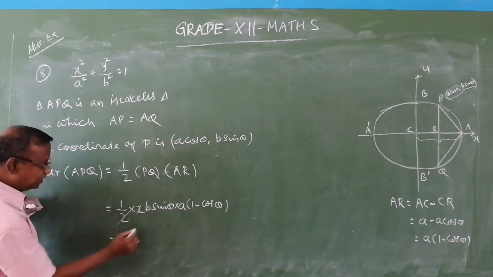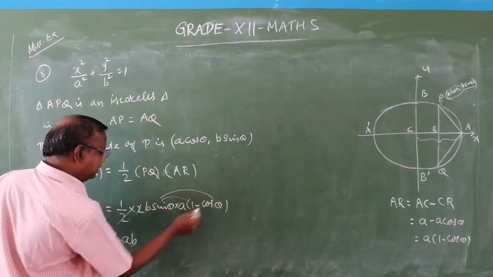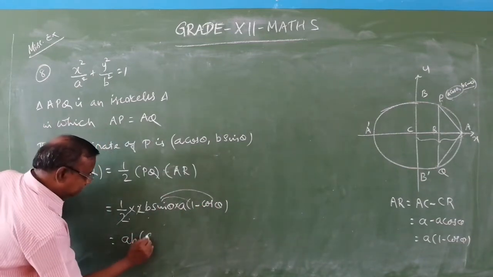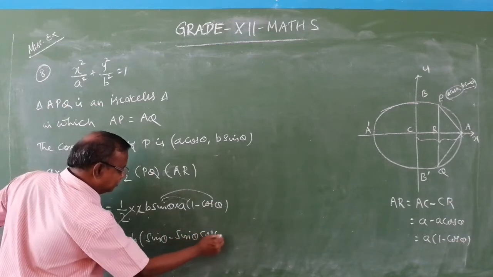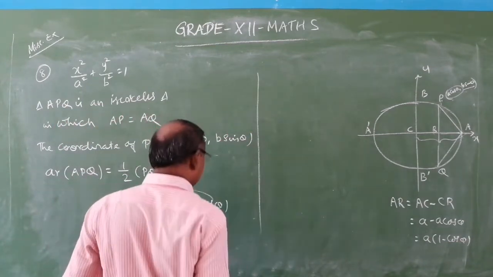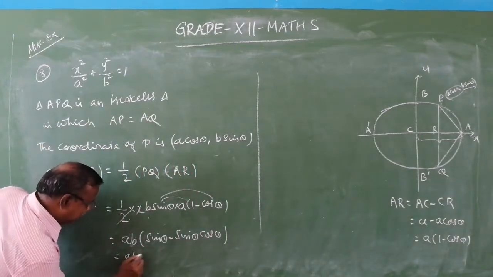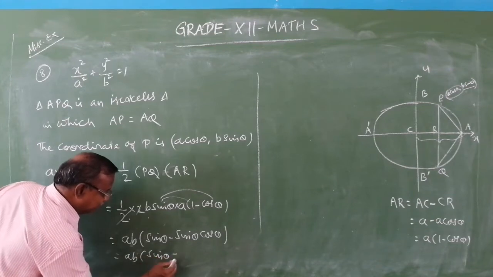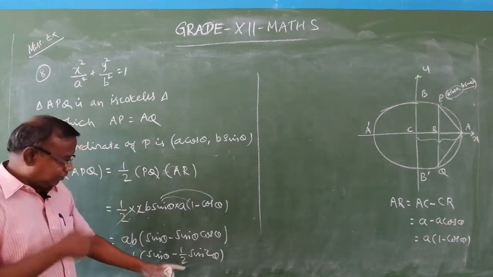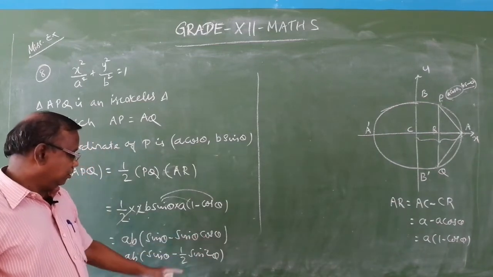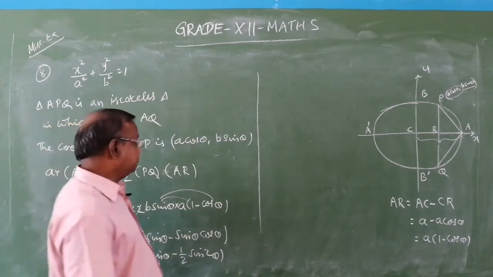So 2 cancels, this is AB multiplied by sin theta minus sin theta cos theta. To make it easier, we can convert this to AB into sin theta minus half into sin 2 theta, because we know that sin 2 theta equal to 2 cos theta sin theta, so sin theta cos theta is 1 by 2 into sin 2 theta.